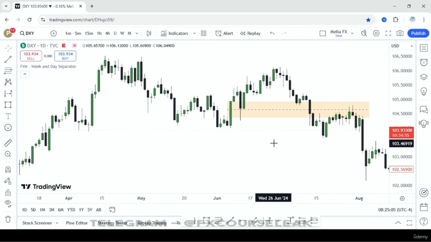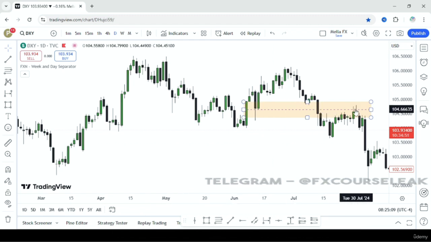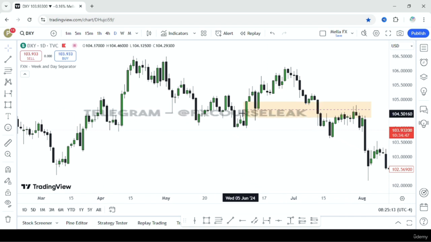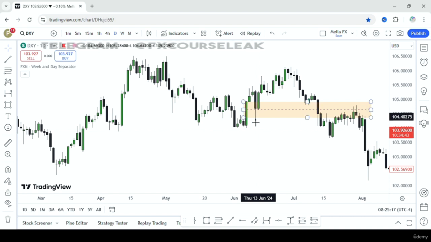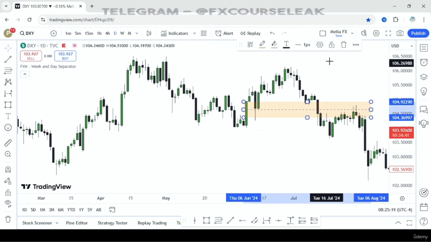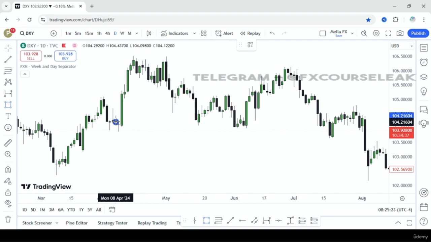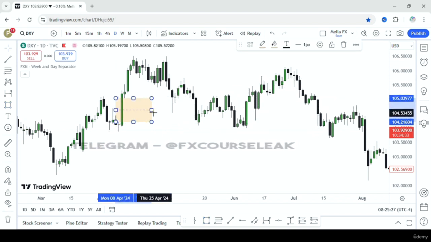The exercise that you're going to do is go and highlight areas where you found a fair value gap, and areas in which that fair value gap has acted as either support or resistance. So even here we have this other example. You can see that immediately the market rose higher.